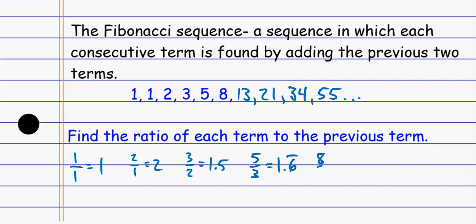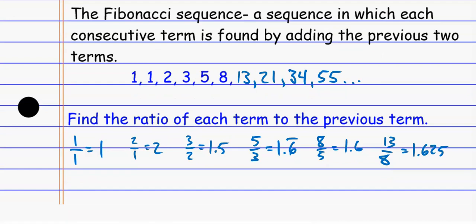Then 8 over 5. You just plug these into the calculator. That gives me 1.6. Then the next one, 13 over 8. Sorry, I'm hitting the buttons on my calculator as fast as I can. I get 1.625. Then the next one, 21 over 13.